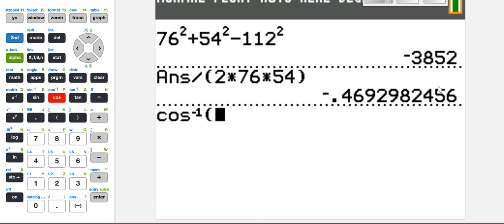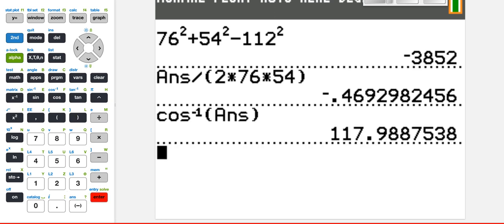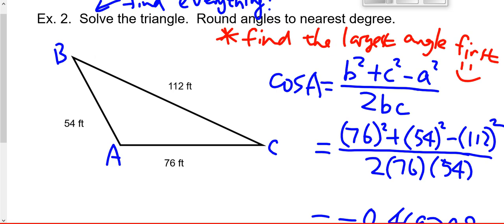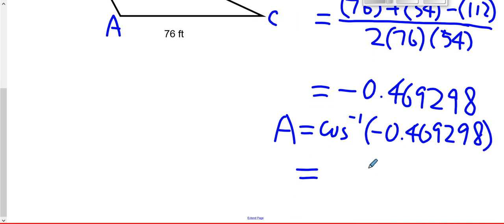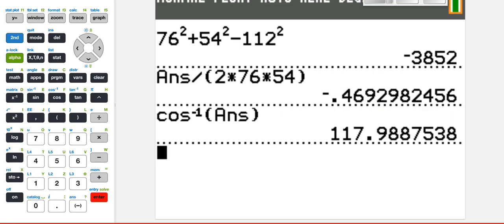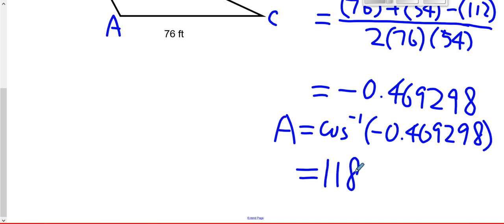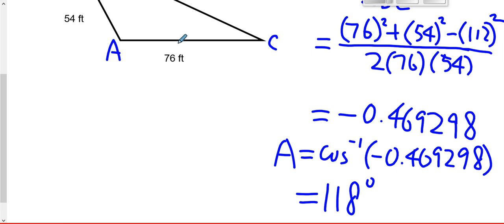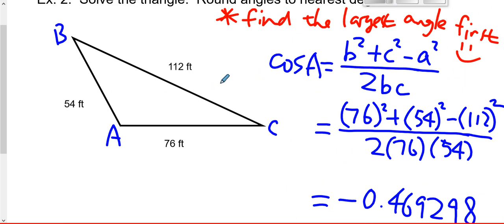You can either punch in the whole number again or use the technique that I taught you, second negative here, that will give you the answer. Close bracket, enter. So that gives you this. Since you want your angle to the nearest degree, if you do the rounding, that would give you 118 degrees. So now angle A is 118 degrees.